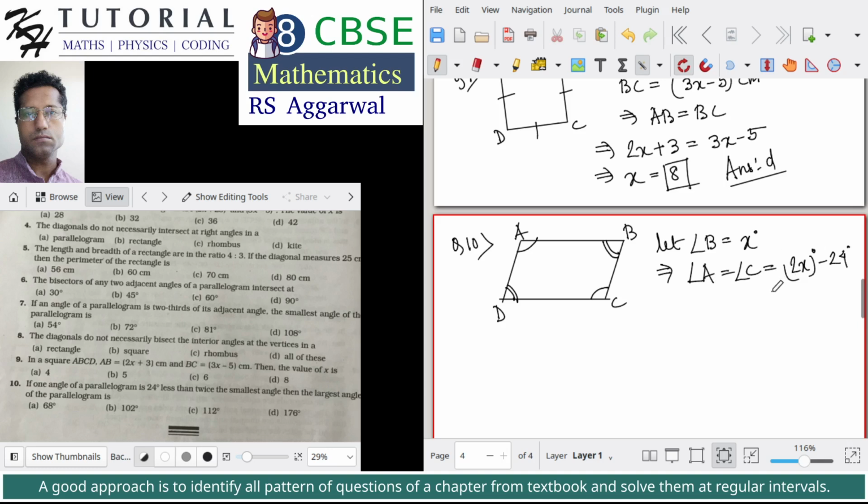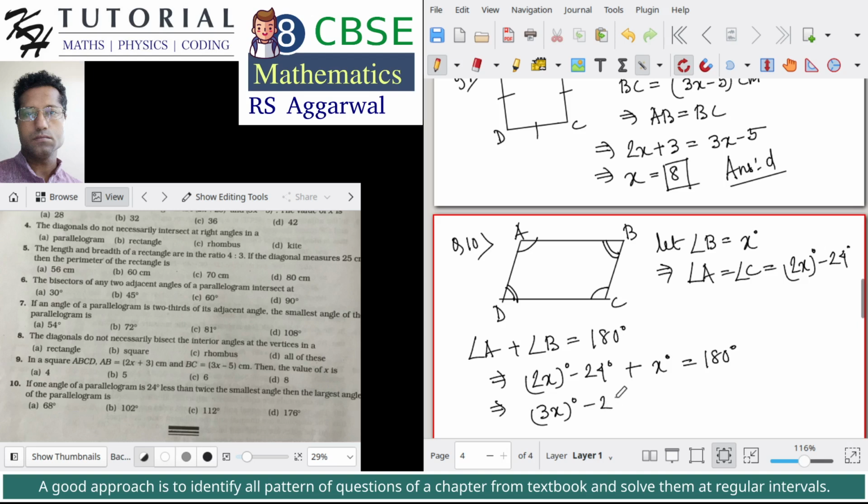Now also we know that angle A and angle B are adjacent angles in a parallelogram, so their sum has to be equal to 180 degree. So angle A is 2x degree minus 24 degree and angle B is x degree, which is equal to 180 degree. Simplifying the LHS, we get 3x minus 24 is equal to 180.